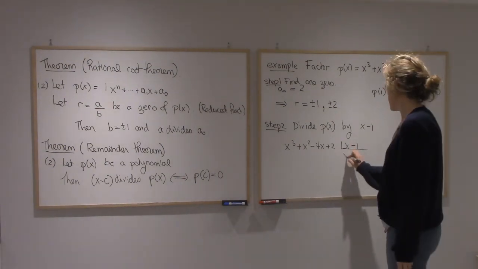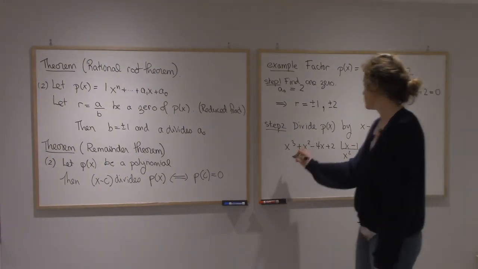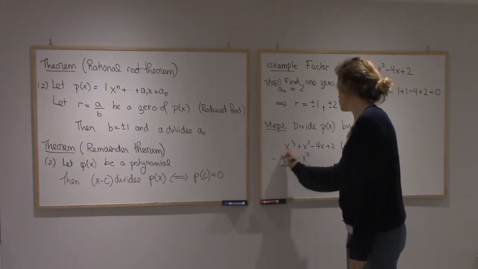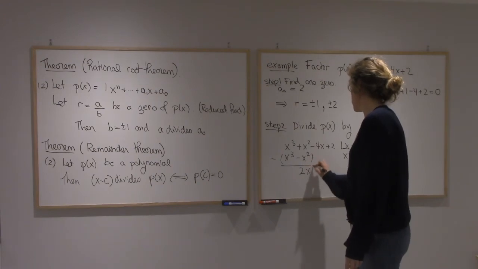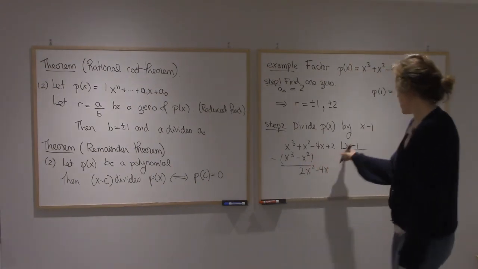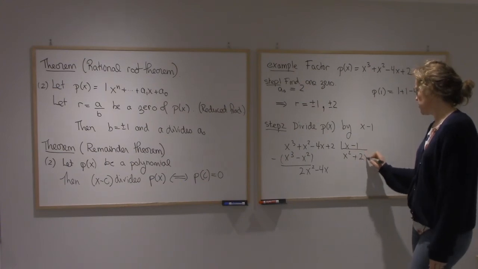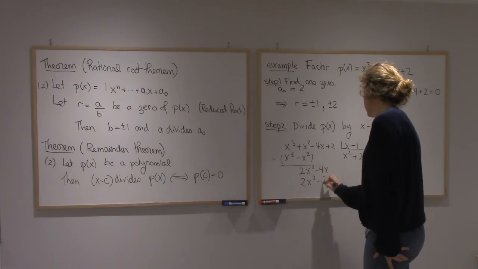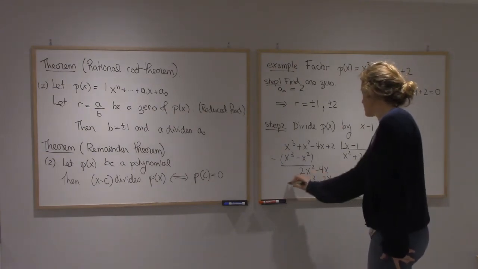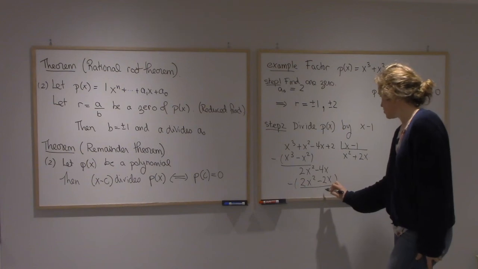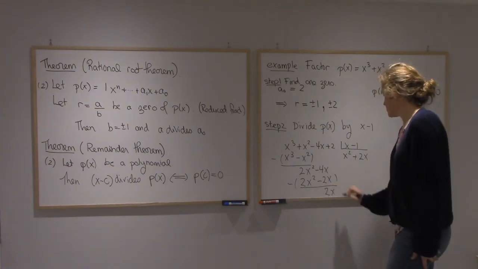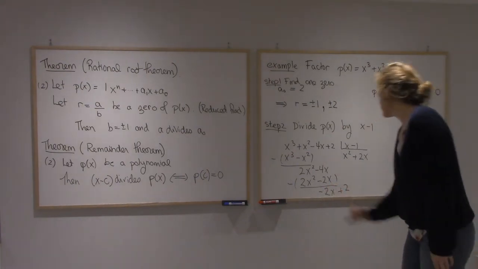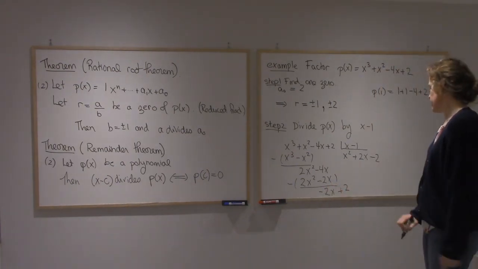X fits x squared times into x cubed, so I get x cubed minus x squared. I subtract them, I get 2x squared minus 4x. I need 2x to get to 2x squared. I'm going to get minus 4x plus 2x, so I get minus 2x plus 2, which fits minus 2 times.